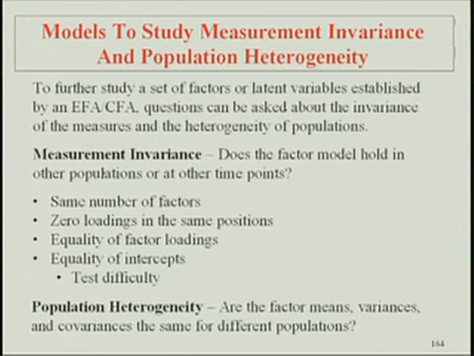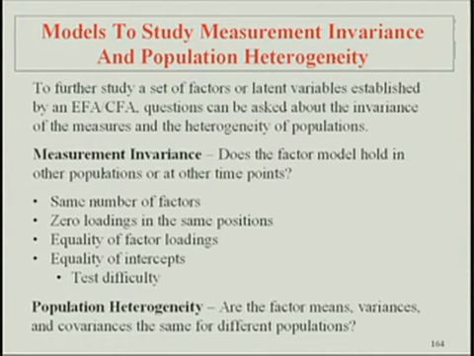Other time points could be separated by cohorts, or I should say by time having changed, by people being at the same age, or by people being of different ages, which is really other populations then.